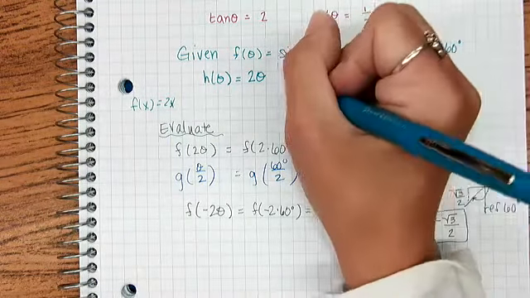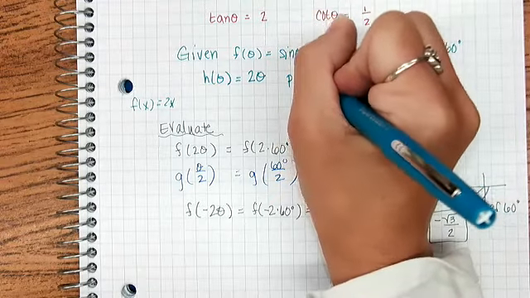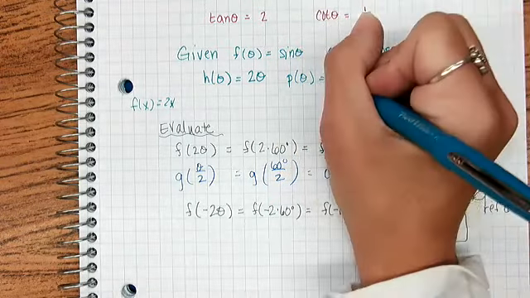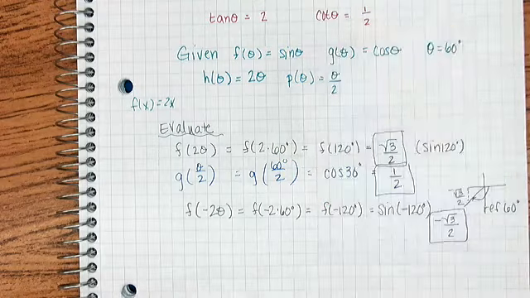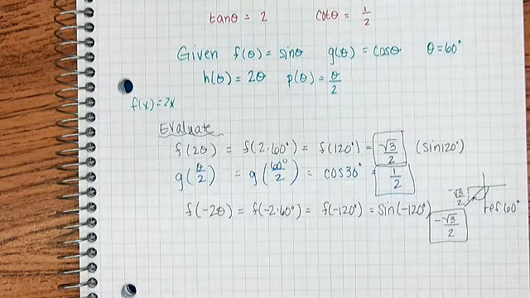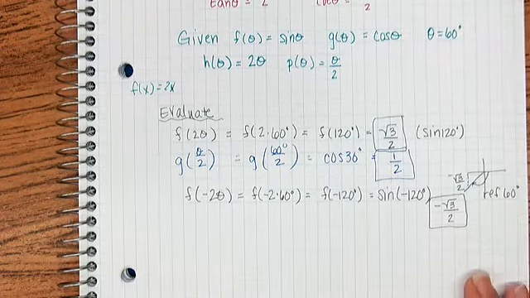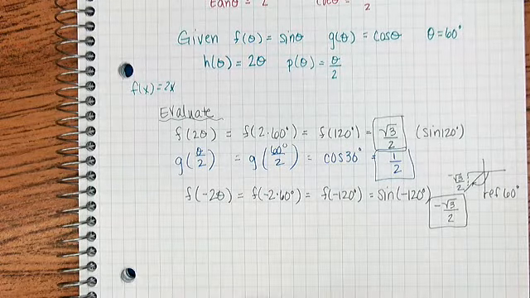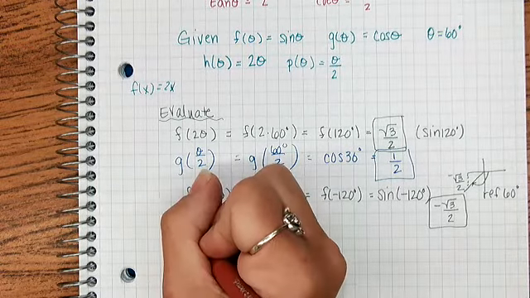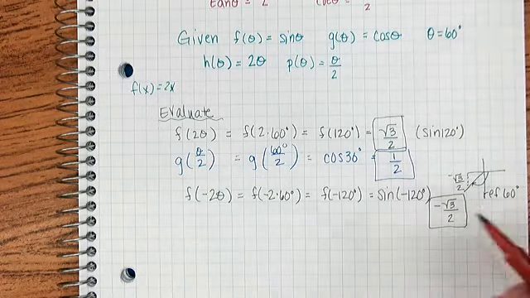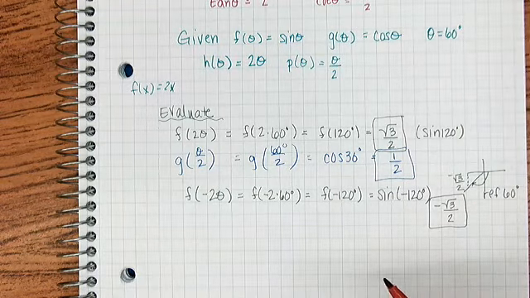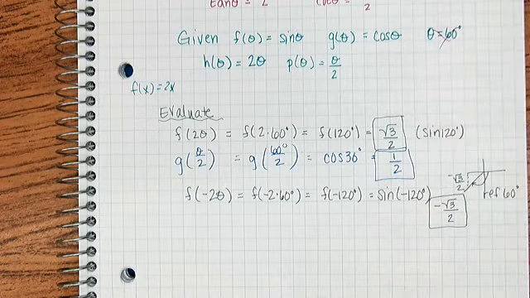And let's say that the p of theta is theta over 2. We need to go back and look at composite functions. So if I ask you to find, theta is no longer 60, I'm going to change theta now, okay?